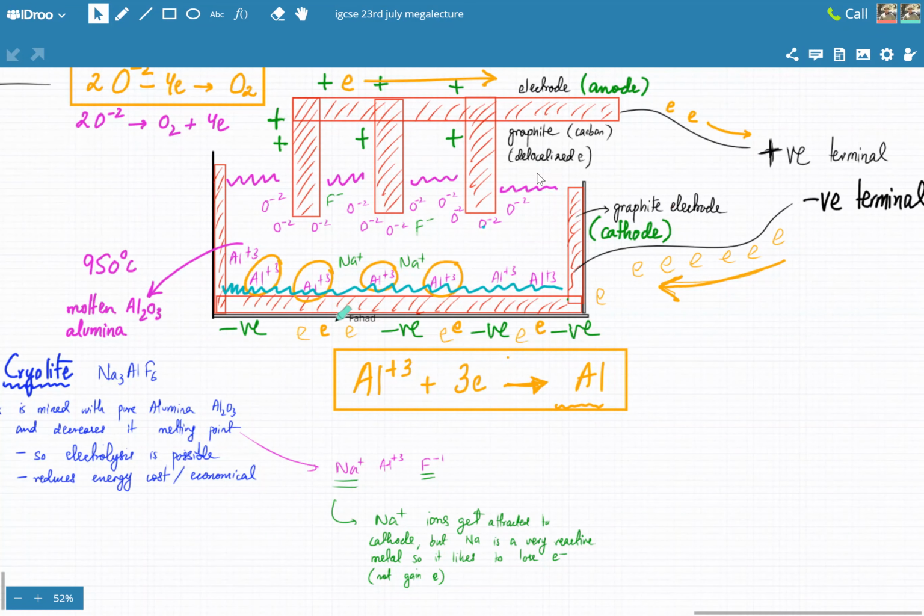So it's not really going to try and gain electrons back. So it's not going to do anything over here. ठीक है, it's not going to form sodium metal. So it's just going to end up roaming in the solution.